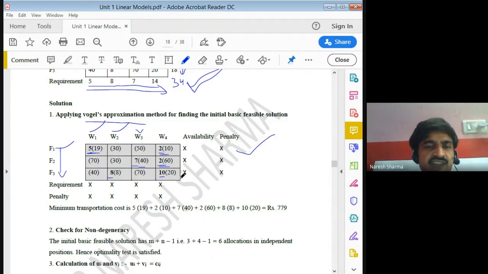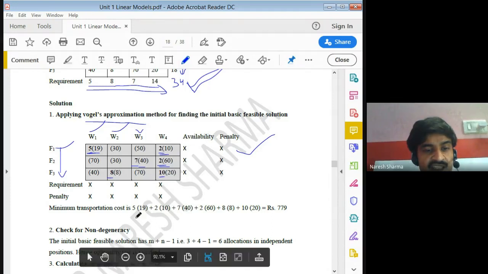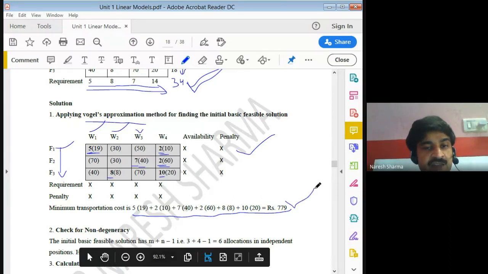Up to here we already did in the previous lecture, and after multiplying we find the cost which is 779. This is by the Vogel method.